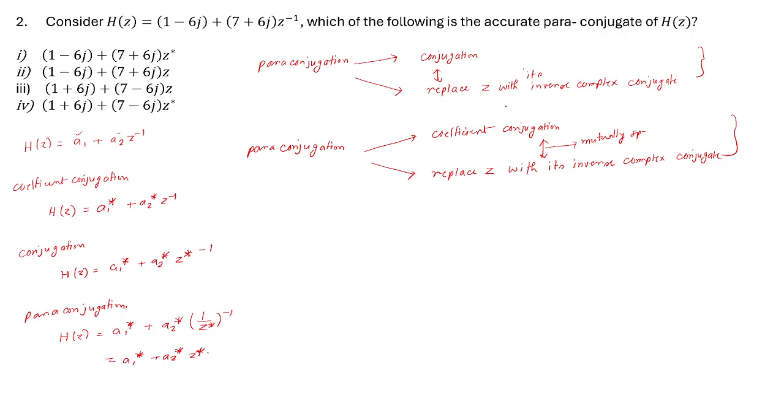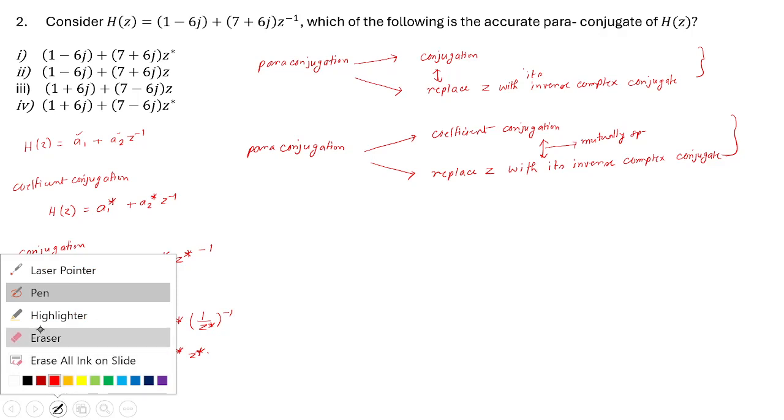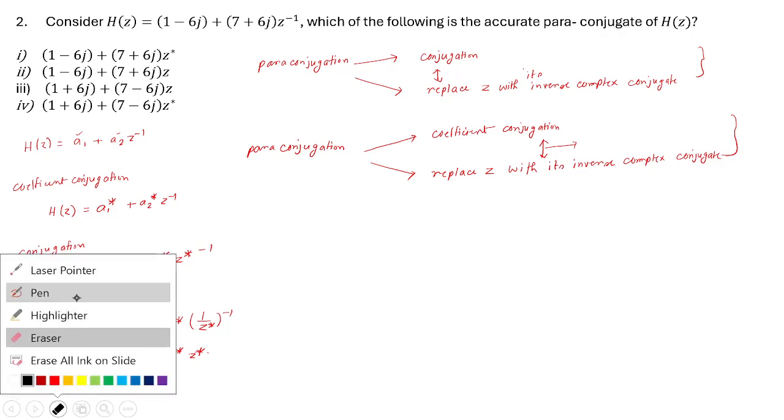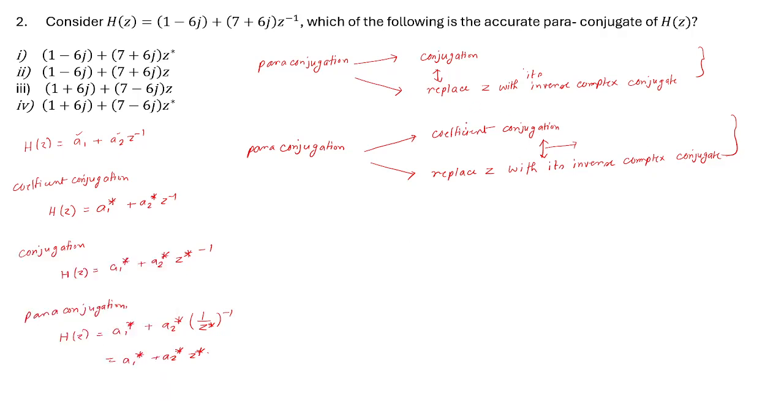Therefore, saying that replace z with its inverse complex conjugate gives you an overlapping sense. That isn't a perfect way of explanation. A good way to understand it is that you perform complex conjugation, which doesn't take into account any changes in z, and then, as a property of paraconjugation, you replace z with its inverse complex conjugate.